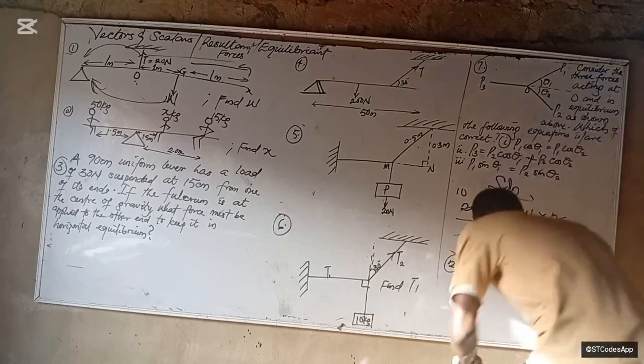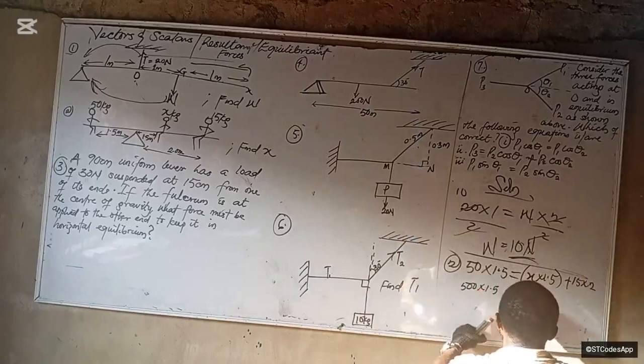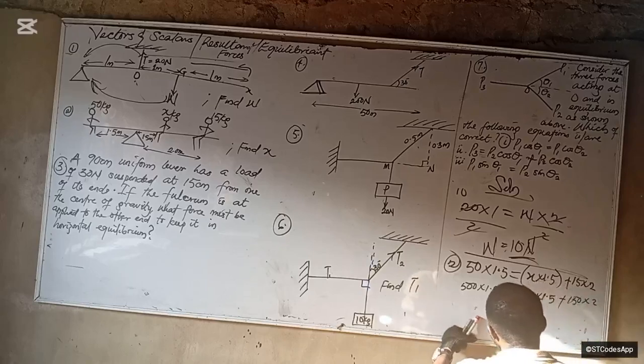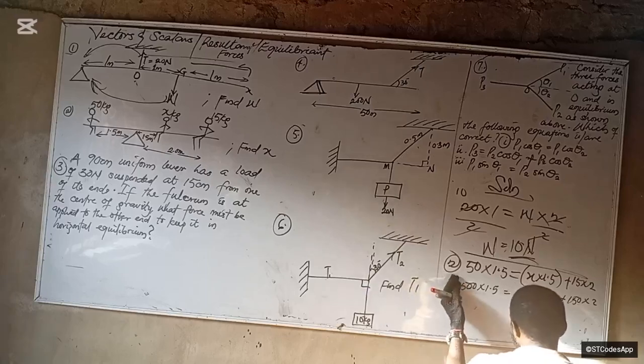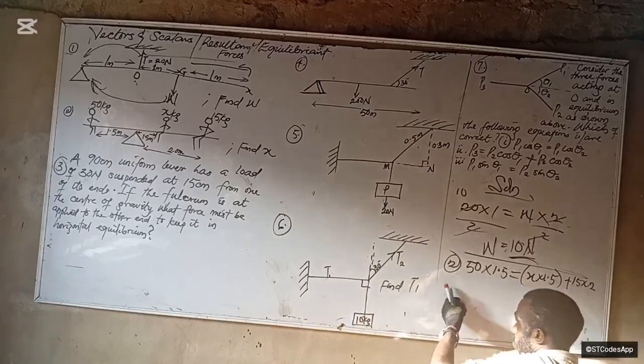My point is, if we multiply this, that will be 500 times 1.5, that is the weight. Is that okay? It is equal to 10X times 1.5 plus 150 times 2. If I divide through by 10, I still have the same answer. You get it now? So this does not change it, right? Okay. Are you clear on what I just did?